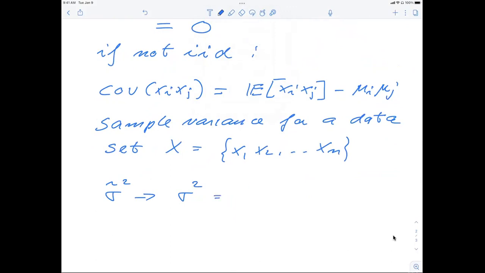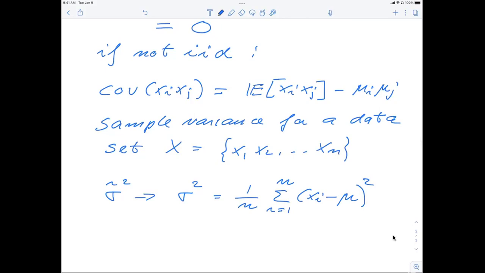And in principle, this is now given by 1 over n, the sum from i equal 1 up to n, of x of i minus mu. In principle, I should have this mu bar because this is a sample mean, but I'm going to take away this additional sign, and when I write sigma squared, this is going to represent the sample variance.